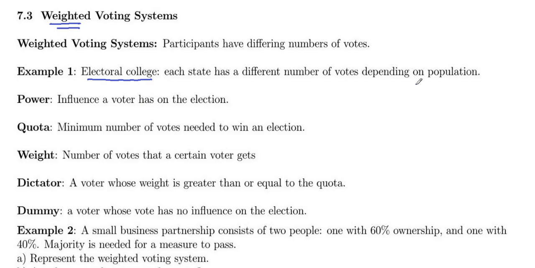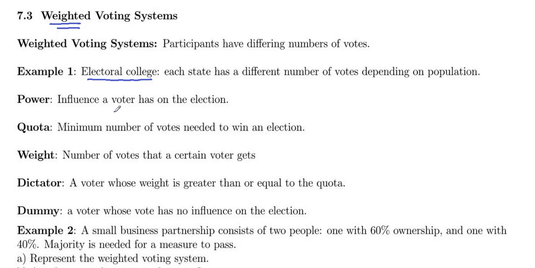Every state has 2 senators. That's equal. But then the number of representatives, they get 1 electoral vote for each representative, and that depends on population. So these are proportional numbers of votes. That is a weighted voting system where the states are the voters, and the weight is the number of votes that they get.